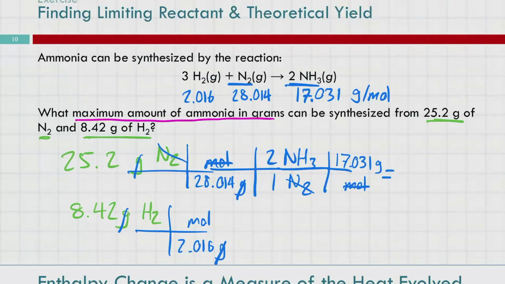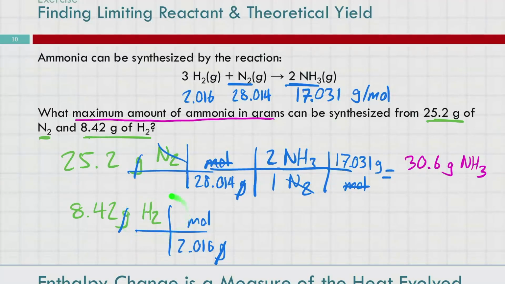And we'll get some number out for that. That number is 30.6 grams NH3, which is ammonia.